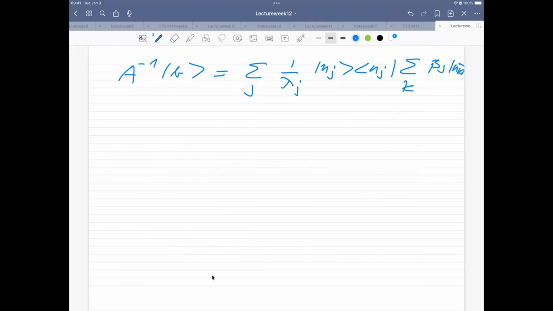And we know that this inner product gives us a Kronecker delta. So this becomes simply the sum over j of Bj over lambda j of Uj.